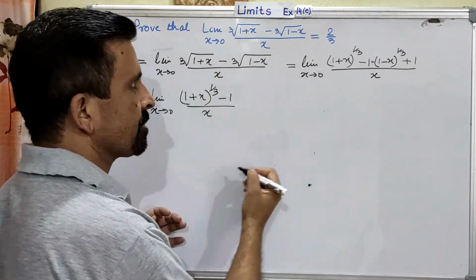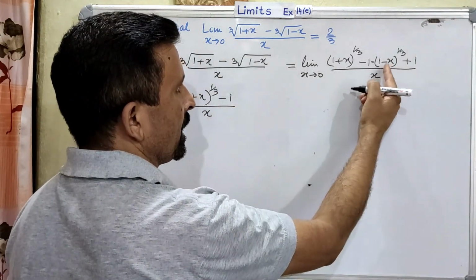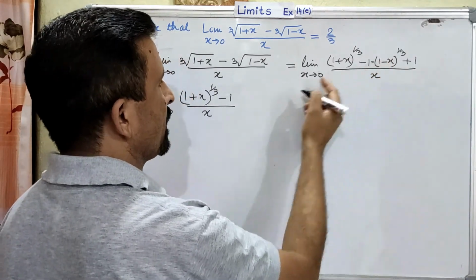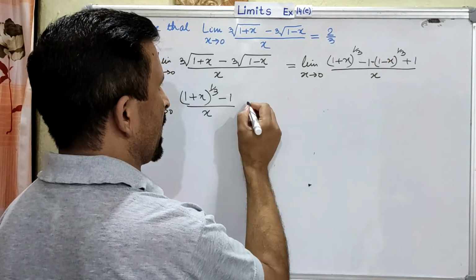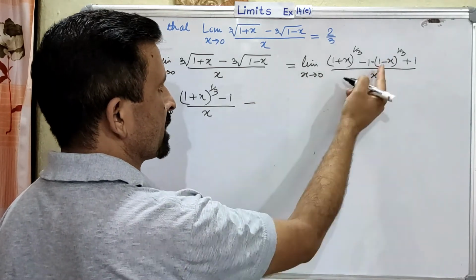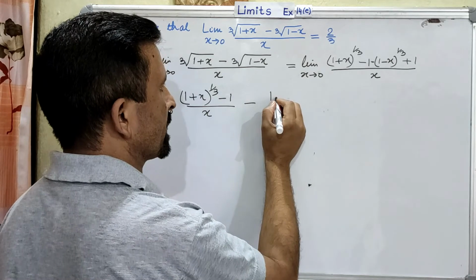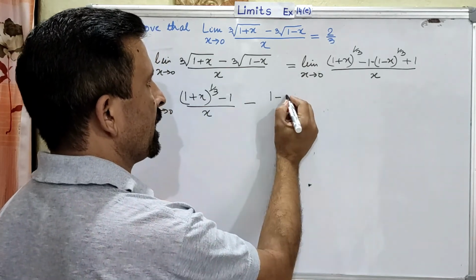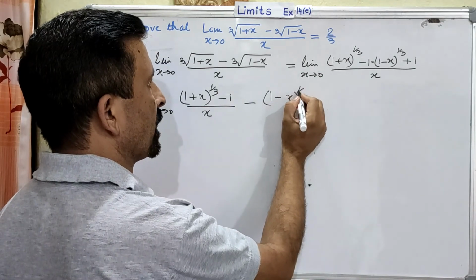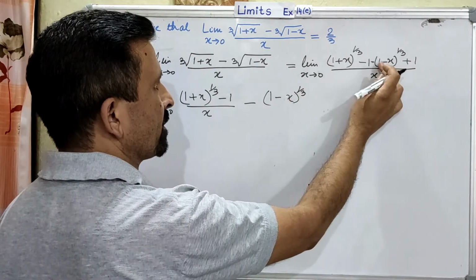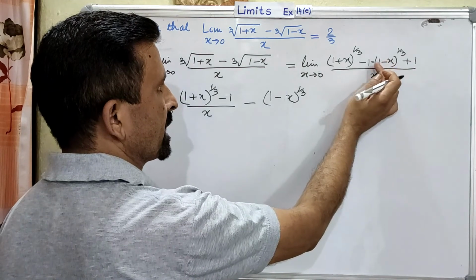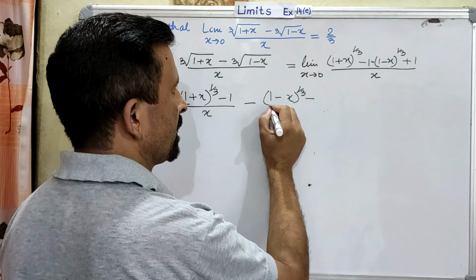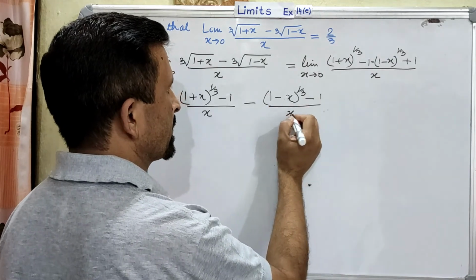Is it okay? Now we have this minus sign. To make this term positive, I will take out the minus sign here. This becomes positive. So it is minus, 1 minus x whole to the power 1 over 3 minus 1. And then since we have taken out the minus as common, this negative number will become positive and this positive number will become negative, divided by x.